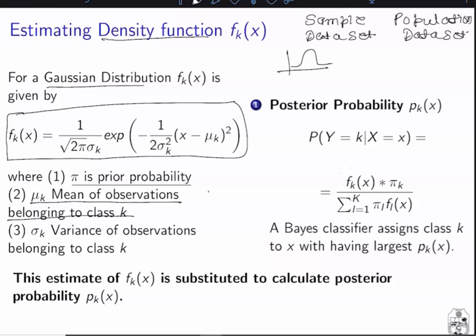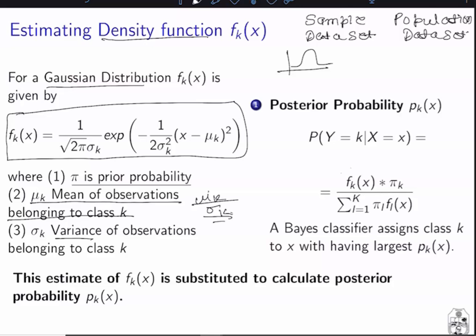In a multi-class classification problem, k may be greater than 2, which may be 3, 4, 5, or 10, and we need to group our data set as per the class level, and we need to calculate the mean and variance of observations belonging to individual classes, and that is denoted by mu k and sigma k. So this is the meaning of mu k and sigma k.